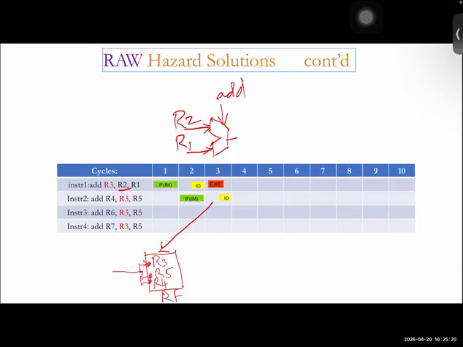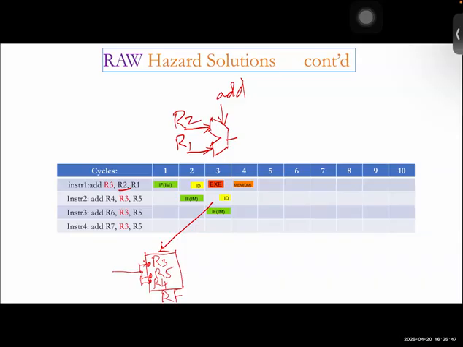So at cycle 3, instruction 3 is allowed inside the pipe, that is, fetching the instruction from instruction memory. And the beauty here is, at the fourth stage, instruction 1 is moving to the next stage in the pipe, that is the memory access stage.